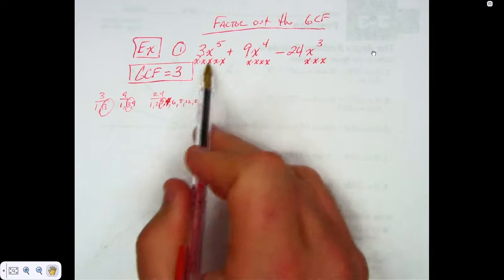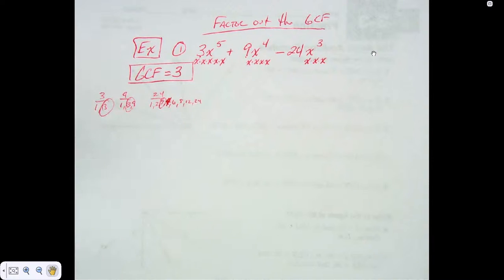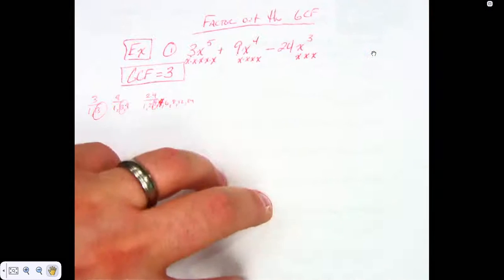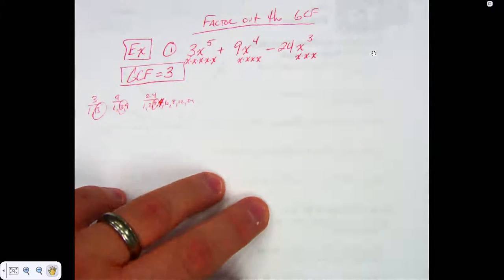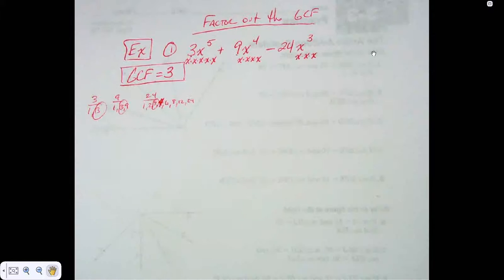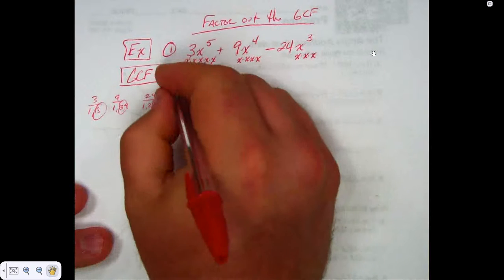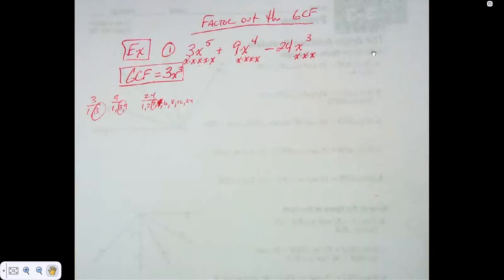If I put a bunch of pennies in a pile and said, okay, there's 5 pennies here. John over here has 4 pennies. Nikki has 3 pennies. What's the most that all of them have? At least. They all at least have 3. So guess what the greatest common factor is here? X to the? Isn't that pretty easy?